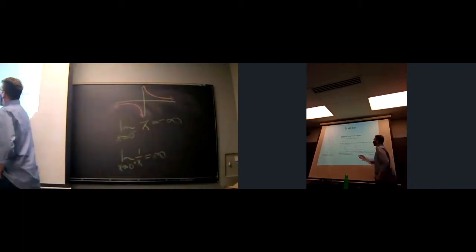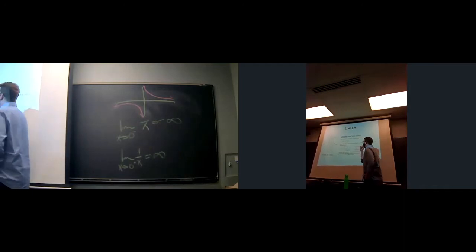As an example, let's consider this function: x plus 2 divided by x squared minus 2x. We're only going to have discontinuities whenever our denominator is equal to 0, so let's isolate our denominator and set it equal to 0. When we do that, we find that x is either equal to 0 or equal to 2.